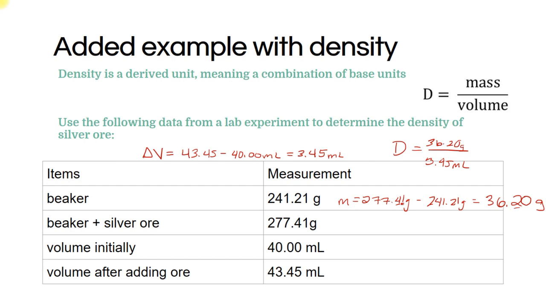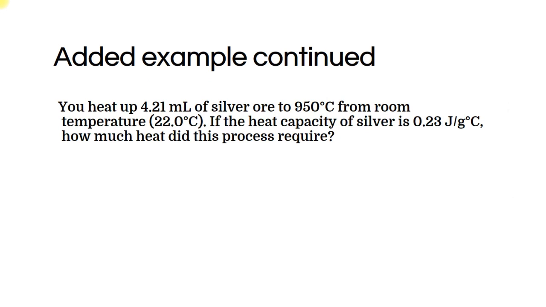So 10.49 is the density of this material. Now, we have 4 significant figures on top and 3 on the bottom from our volume. So I'm actually going to have to record that as 10.5 because we only had 3 significant digits to use. Okay, so 10.5 grams per milliliter happens to be the density of this material.